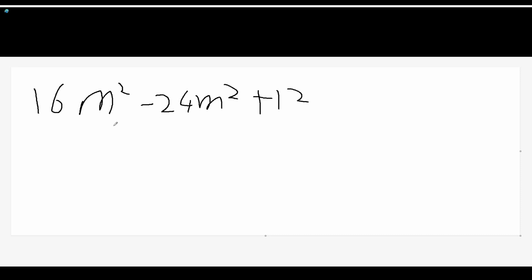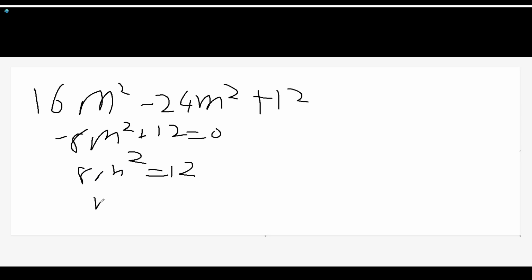That's the expanded form of that, and we can simplify this down to negative 8m squared plus 12 equal to 0. So it would be 8m squared is equal to 12. And from there you can solve that. m is equal to plus or minus root 3 over 2, because we've gone 12 over 8, which is 3 over 2, and we've rooted that, and always when you're doing a root, it's plus or minus.